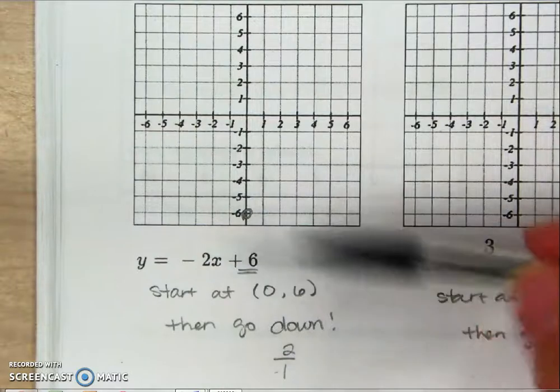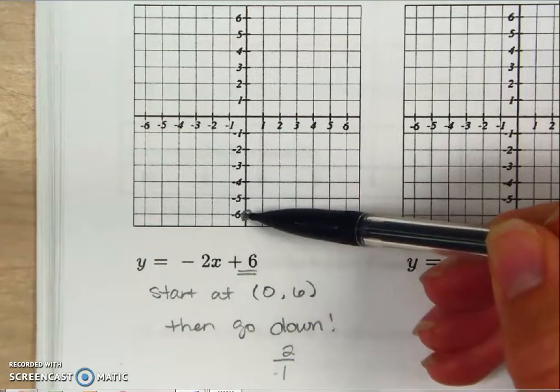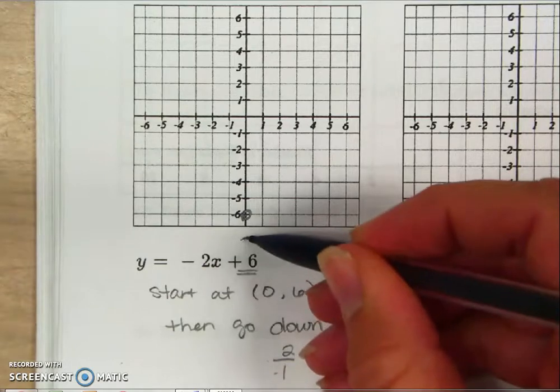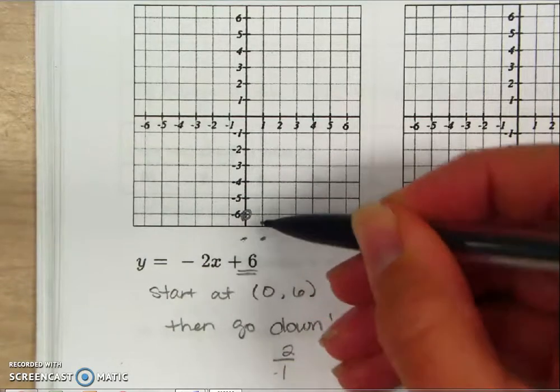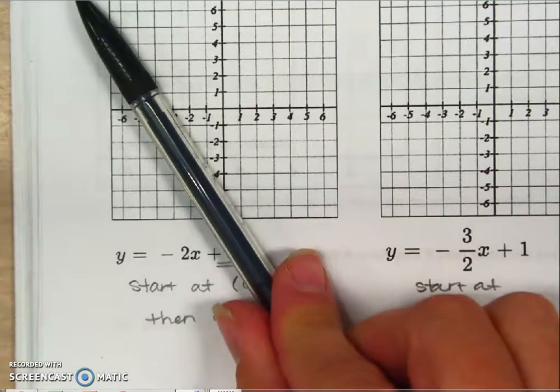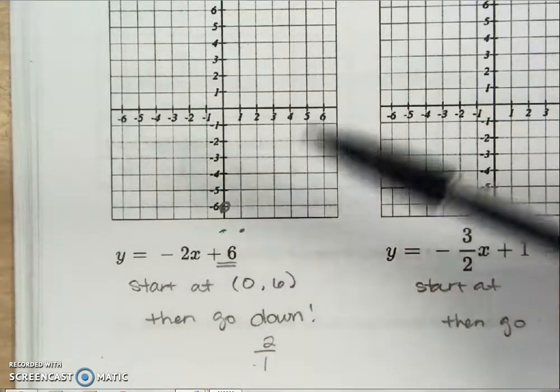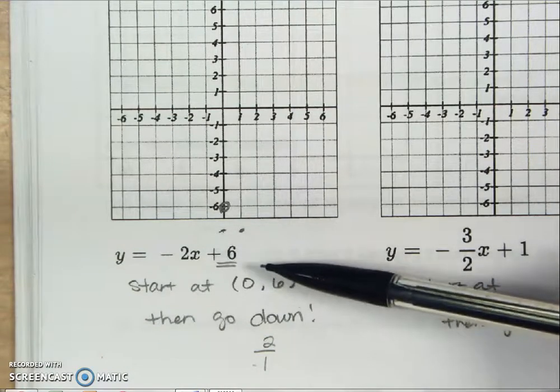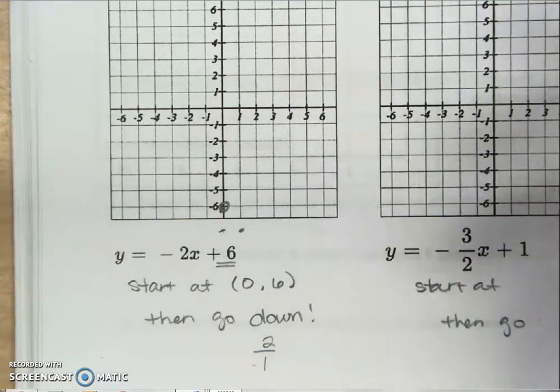If we start at 6 and go down 2, we would need a point down here, down 2 over 1. But we want this line going down. If I don't have enough points to keep going down 2 over 1, I could go the opposite direction.